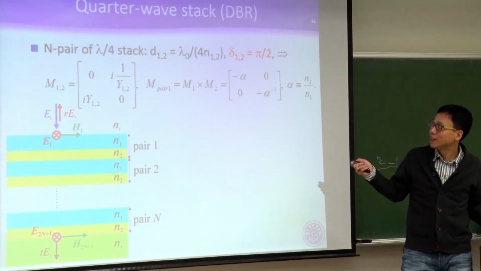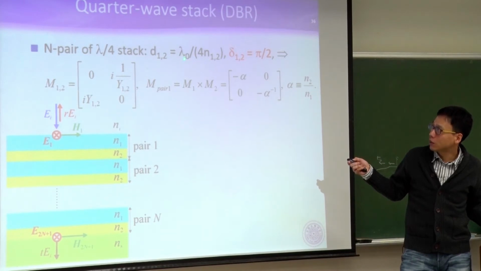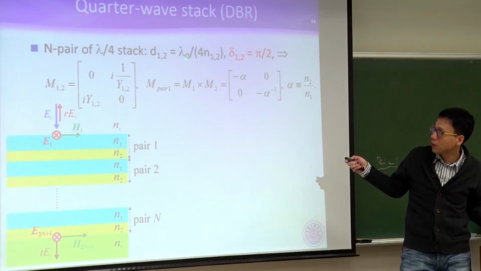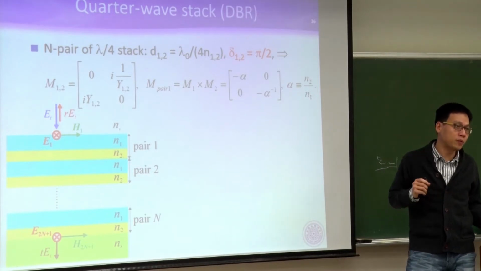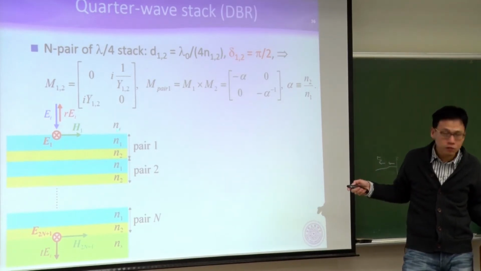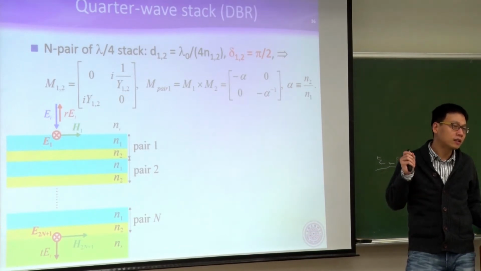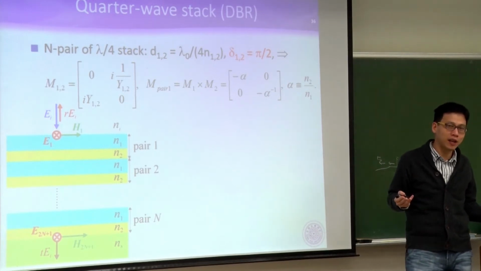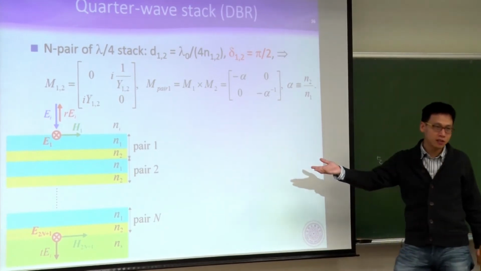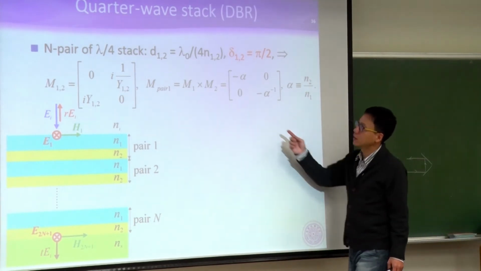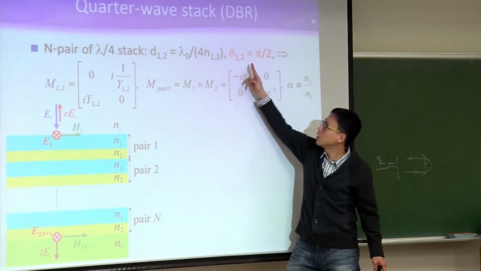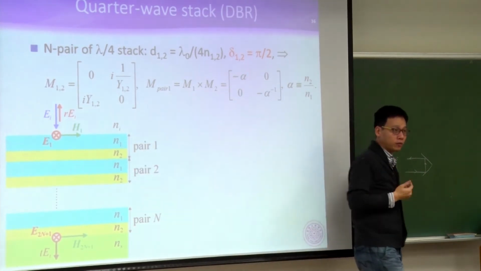Right? In the N1 material, your effective wavelength is lambda 0 over N1. In the second material, the effective wavelength becomes lambda 0 over N2, so the effective wavelength changes. Our thicknesses are all a quarter of the effective wavelength, but the actual thicknesses of the two layers are different because the index is different. But why do we need these conditions? Because in this way, the phase shift in each layer is always 90 degrees, pi over 2.